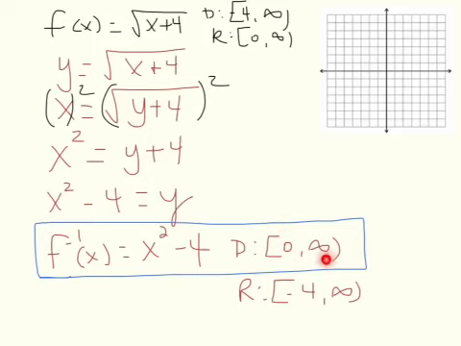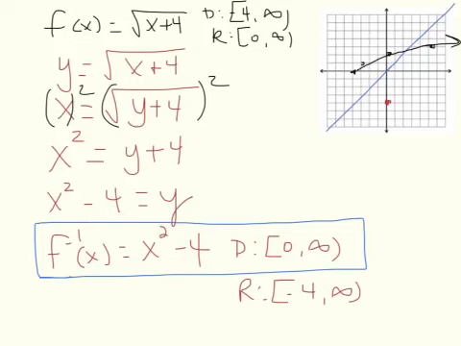So now if we graph the original and the inverse with its new restriction, you should be able to see that it reflects over the y equals x line. So here's the original. Like that, something like that. And there's my inverse, x squared minus 4.